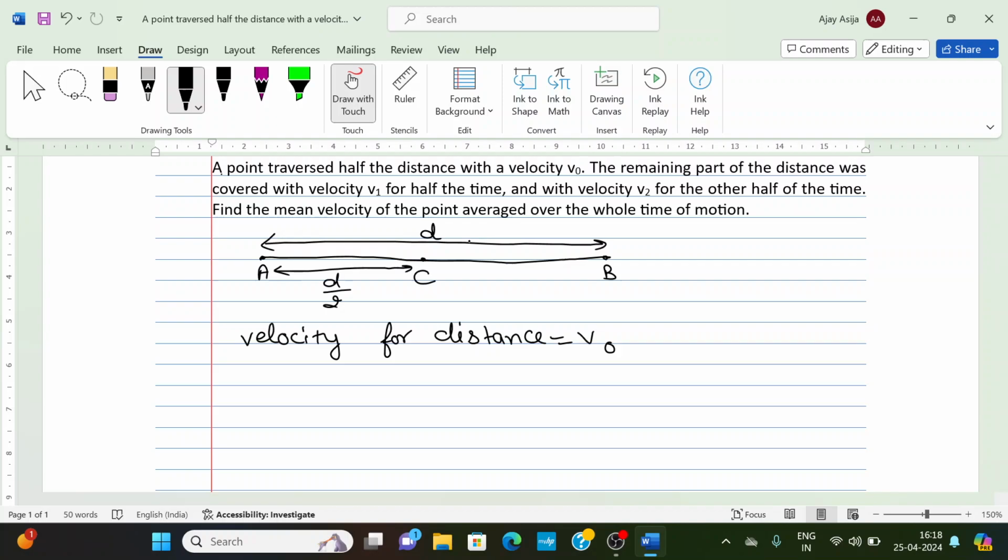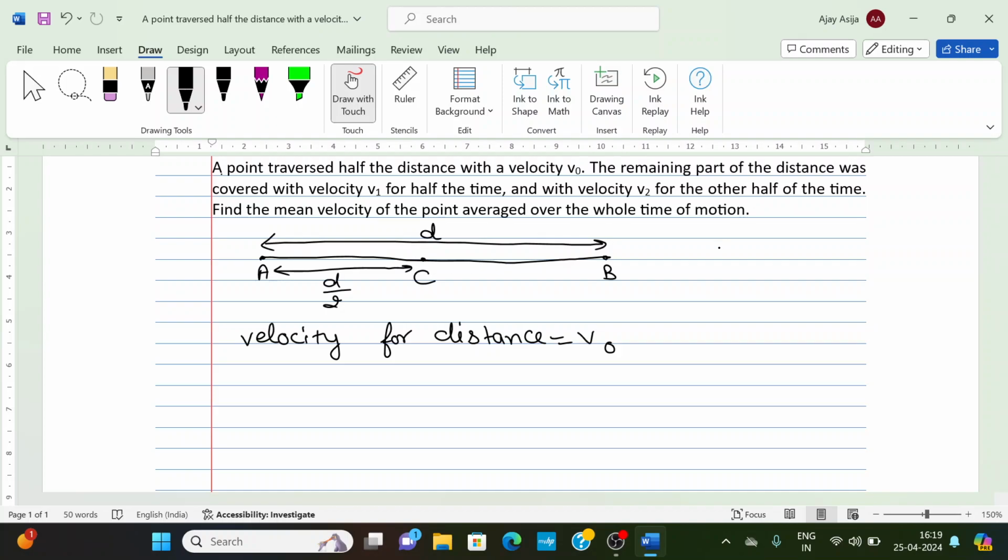Now the remaining part of the distance has also been covered with two different velocities, but in this case the distance is not half, but the time is half. So we will not put the point midway between C and B, because the distance traveled with velocity v1 is different from the distance traveled with velocity v2. Can you guess where we should put the point between C and B?